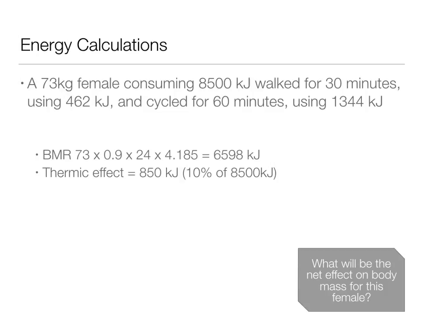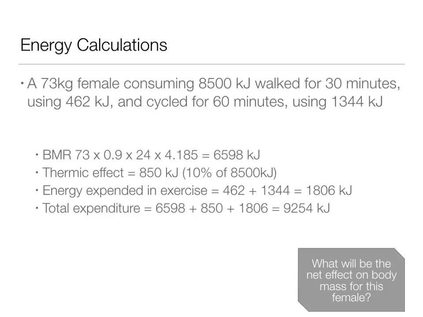The thermic effect of food is estimated at 10% of her intake of 8,500 and is therefore 850 kilojoules for this day. The energy that she expended in exercise is the sum total of the 462 kilojoules used walking and the 1,344 used cycling. So her total energy expenditure comes as the sum of those three numbers: BMR, thermic effect, and energy from physical activity and exercise.